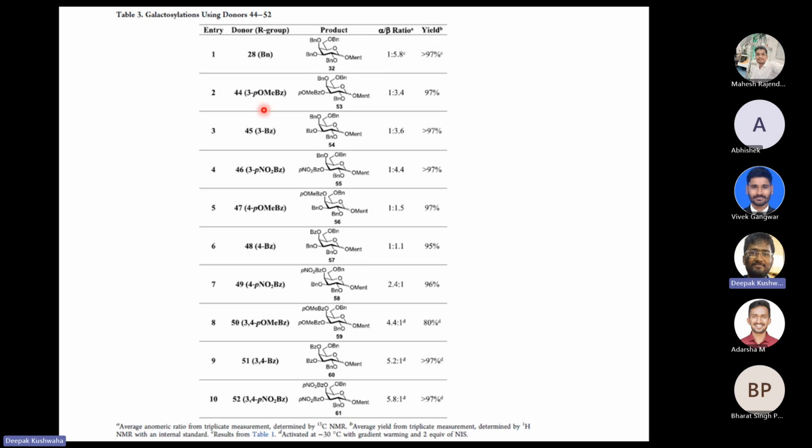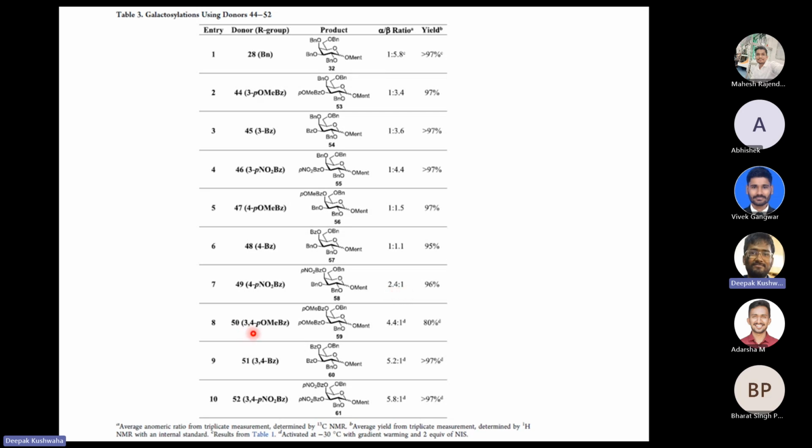The moment they are using an electron rich OPMB donor at the C3 position, again it is not good. Moving further, they found that when they are using this para-nitrobenzoate protecting group at the C4 position, they got a little better alpha selectivity.